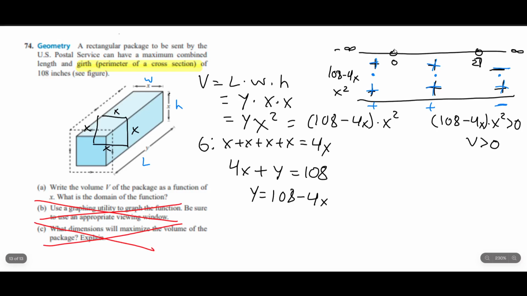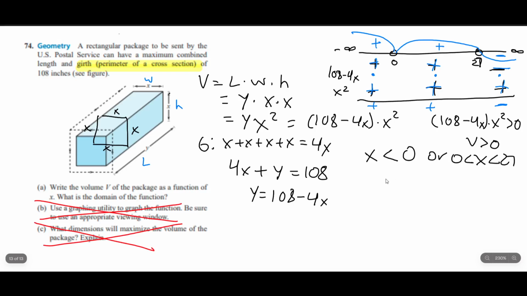So this will be positive here, positive here, and negative here. So we want positive intervals. So x will be less than 0, or x will be greater than 0 and less than 27. So this is our domain here.